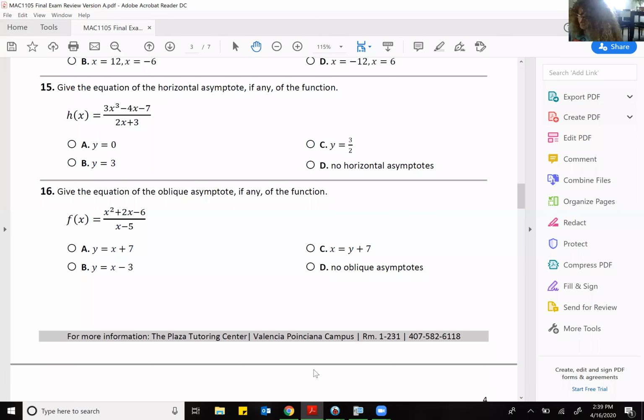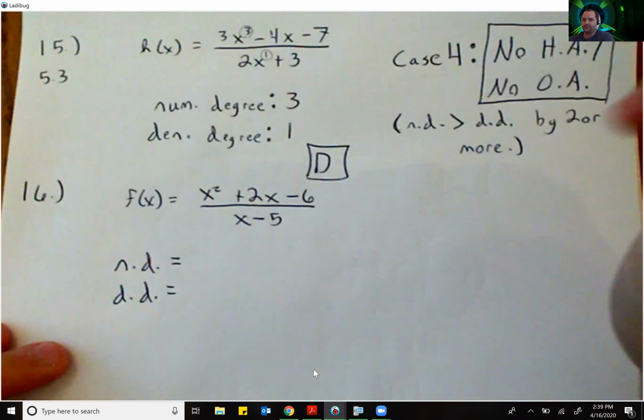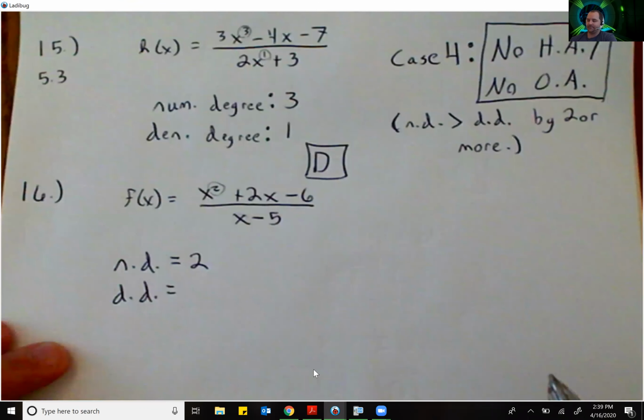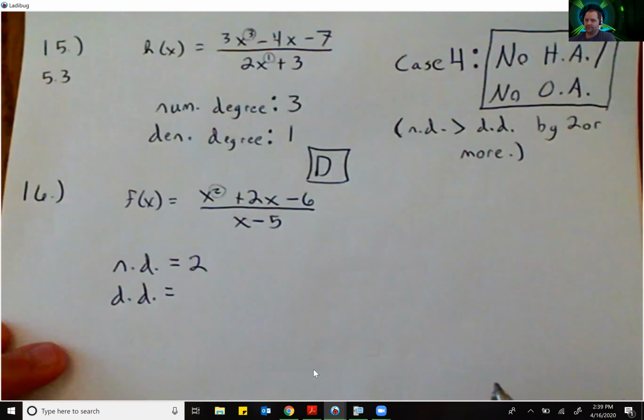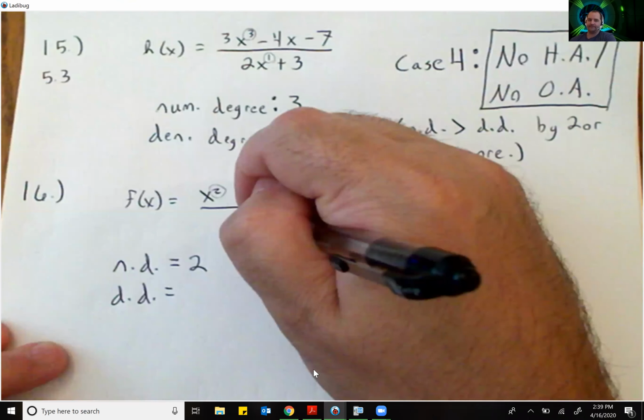What is the degree of the numerator? 2. What is the degree of the denominator? 1.